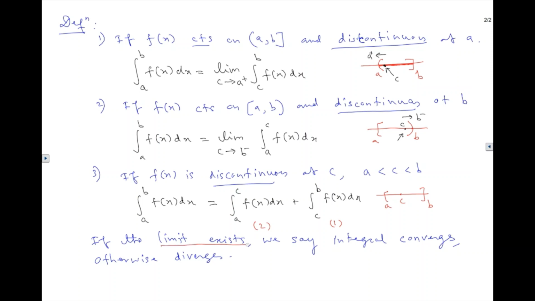If the limit exists, we say the integral converges. If the limit does not exist, we say it diverges.